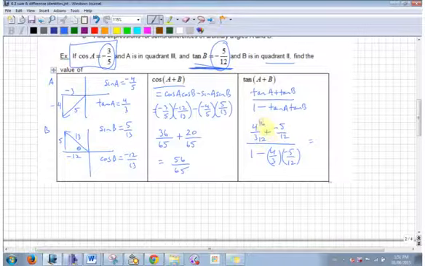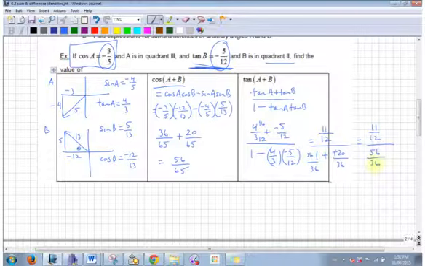That's 16 twelfths minus 5 twelfths is 11 twelfths over 1, let's do it that way, minus negative 20 over 36. So that's 11 twelfths over 1 plus 20 36ths, which is 36 36ths plus 20 36ths is 56 36ths.